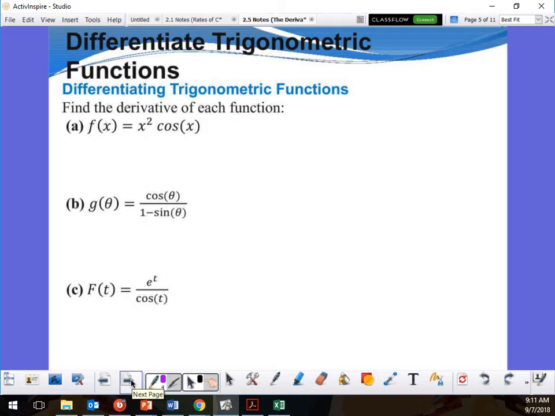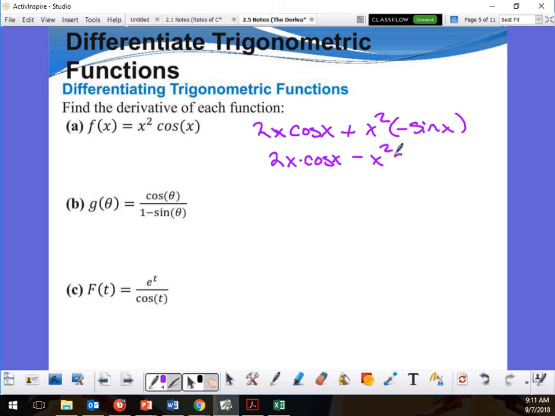So I'm going to have 2x cosine of x plus x squared times negative sine of x, so it'd be 2x cosine of x minus x squared sine of x.